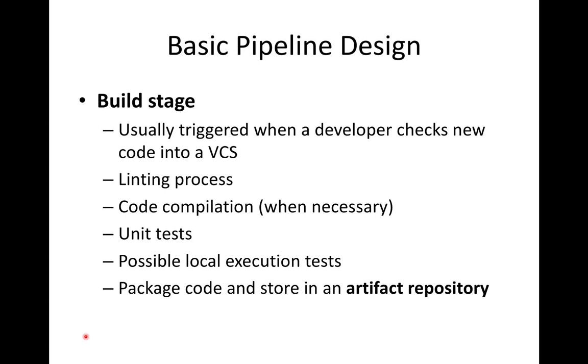Now, once the developer has coded the application or coded the change that they're making, they will then check their code into a version control system. So they'll commit their code to a branch within a Git repository.